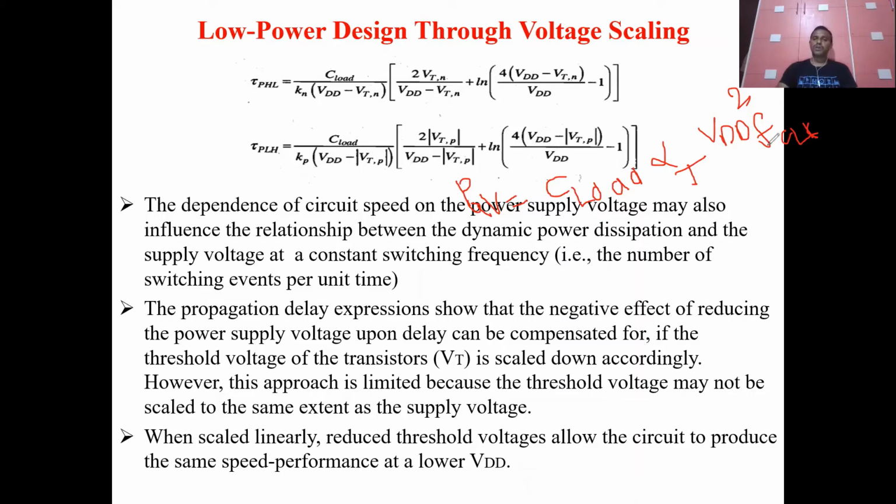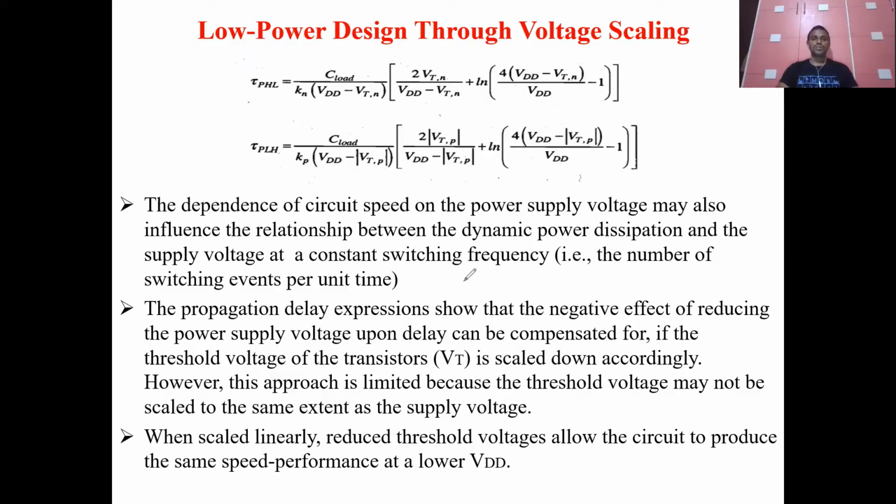Here we also have to keep the frequency constant, because if the frequency increases, the power consumption will also increase. So the dependency of circuit speed on the power supply voltage may also influence the relationship between the dynamic power dissipation and the supply voltage at a constant frequency.